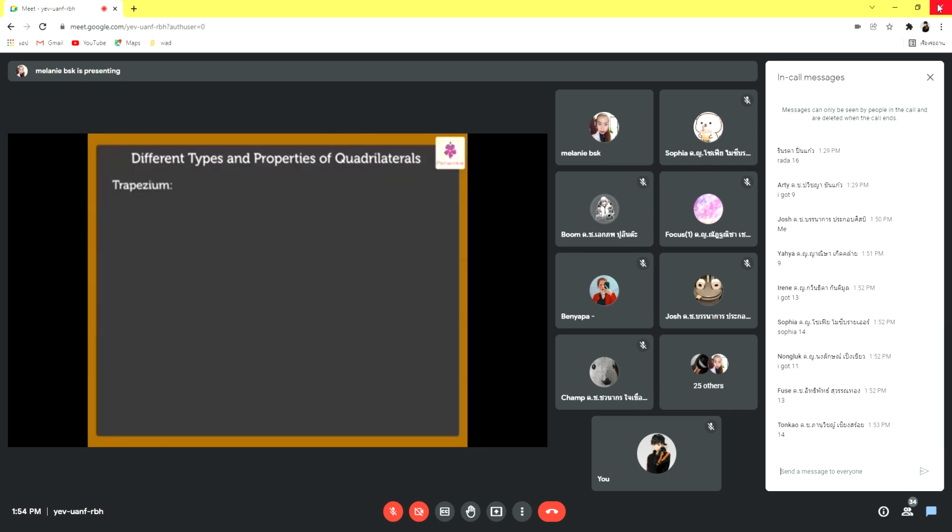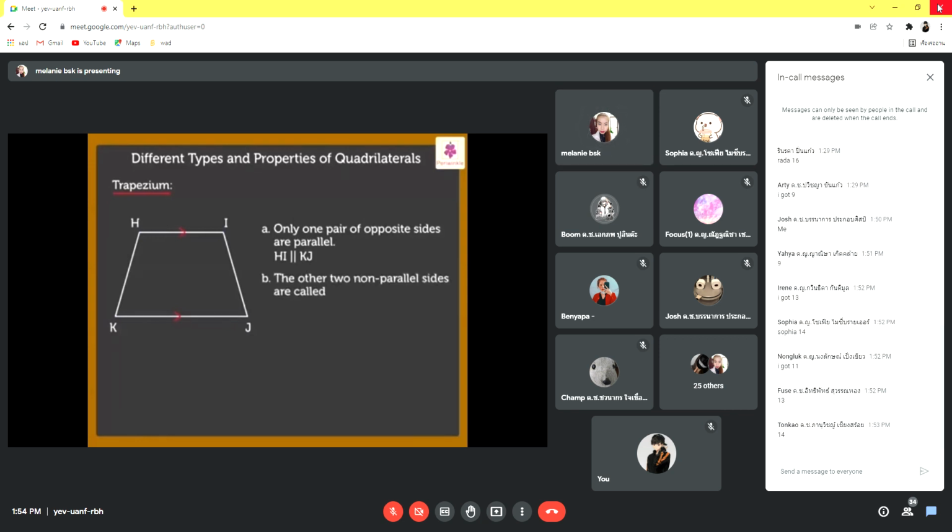Next is trapezium. Let us look at the properties with a given trapezium HIJK. A. Only one pair of the opposite sides is parallel. That is, HI is parallel to KJ. B. The other two non-parallel sides are called slant sides. Here, the slant sides are HK and IJ.